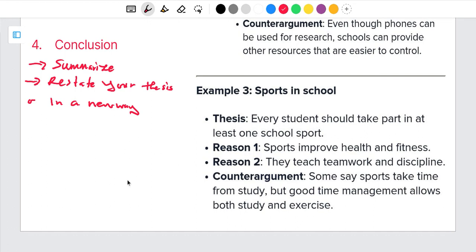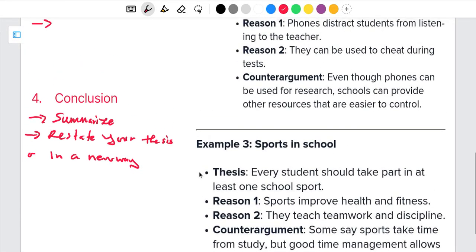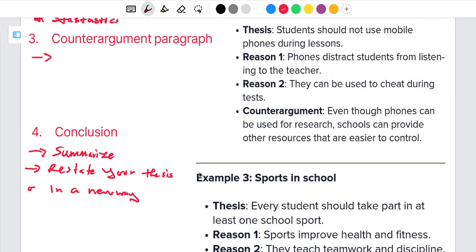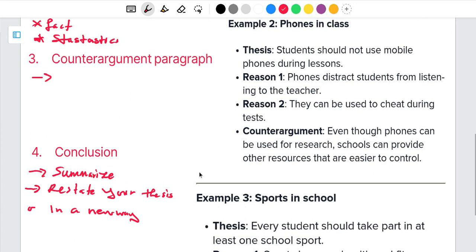Not only that, it can also help them fulfill their careers. For a conclusion here, we can say finally, or to sum up.